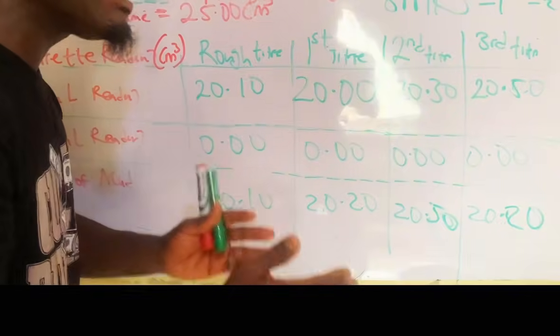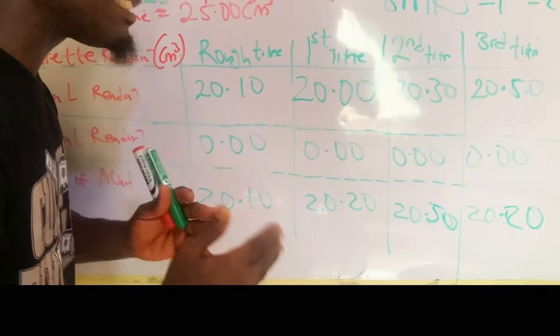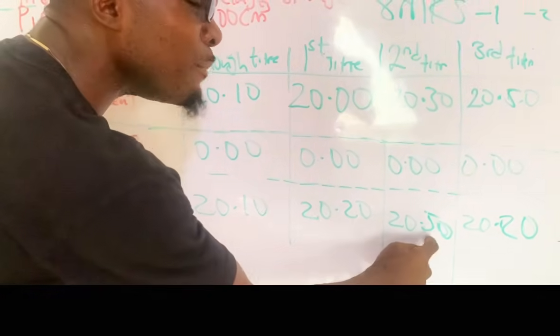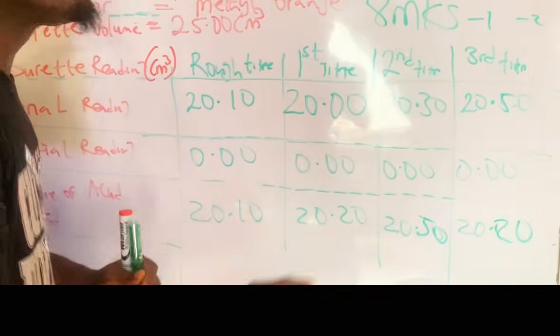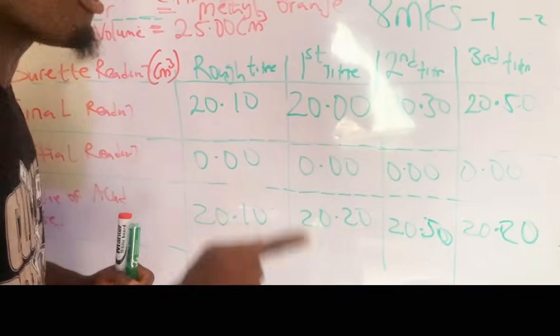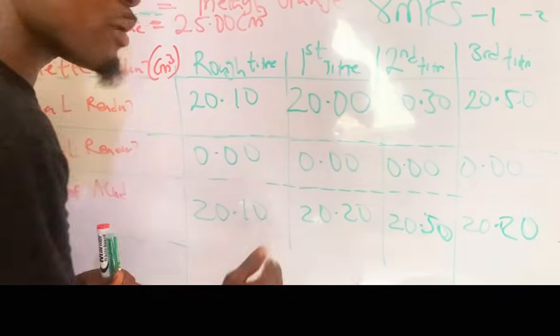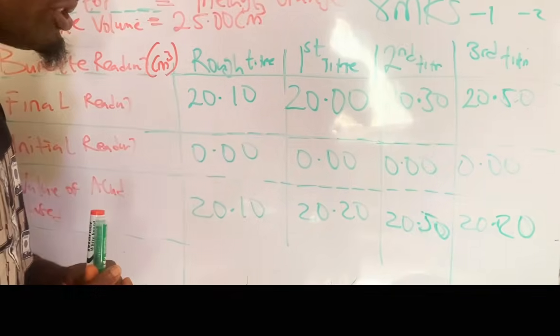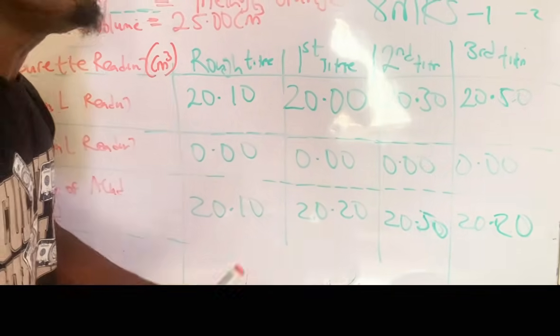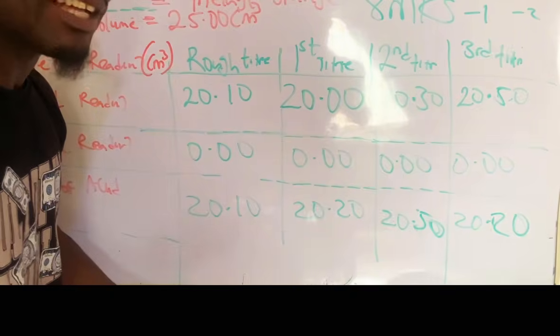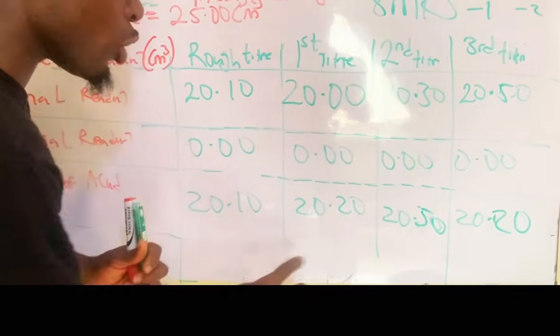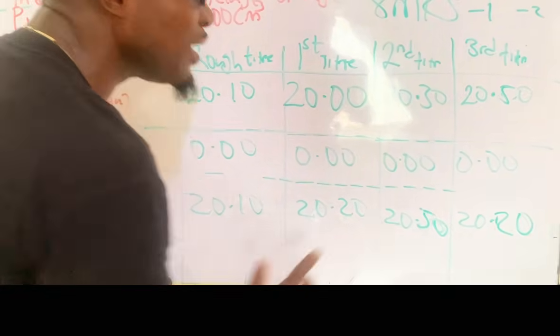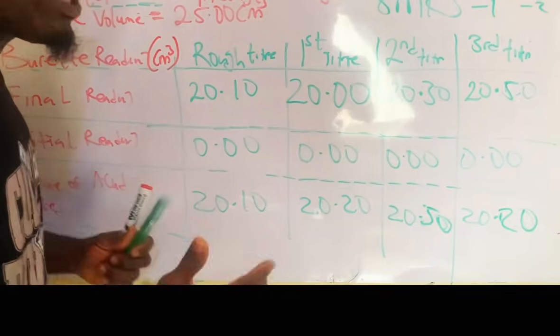Remember, to avoid this error when it comes to concordance value, there is no need for you to input such a value on this table, because you have already made a big mistake, as the values are not concordant to each other. So it is wise, when you know your average titer, your final titer in each reading, to make sure that the values are in concordance to one another. So what will I do in this case?